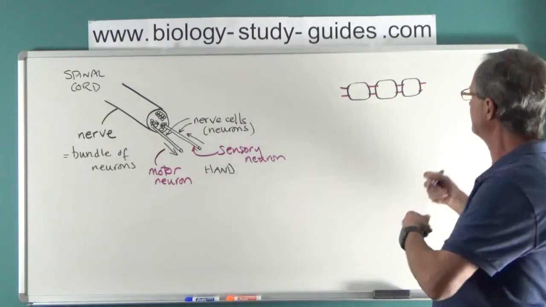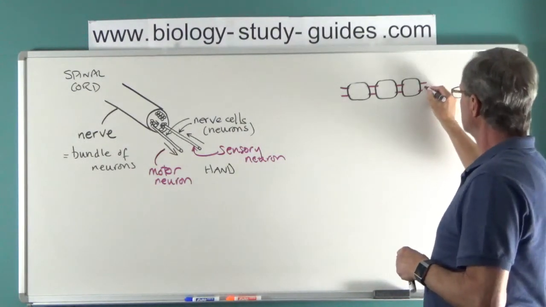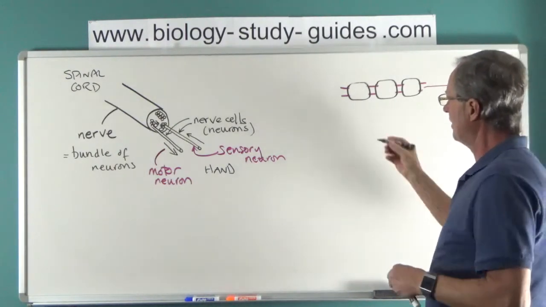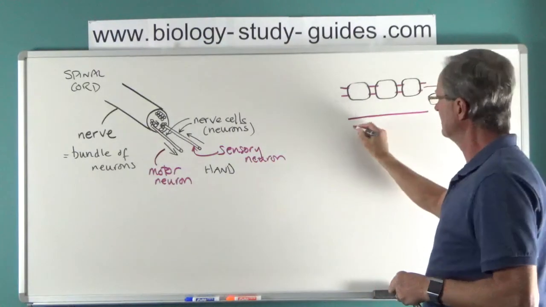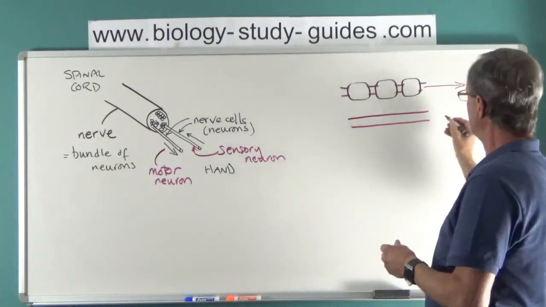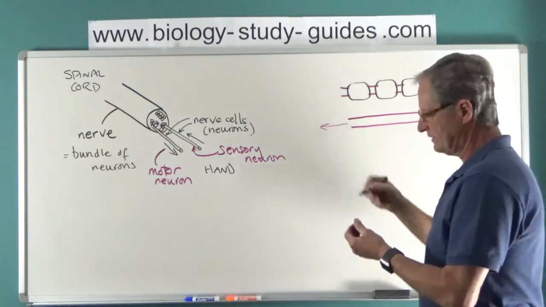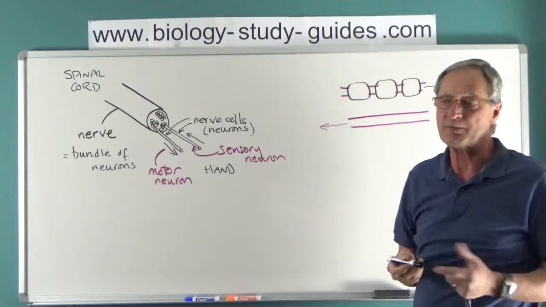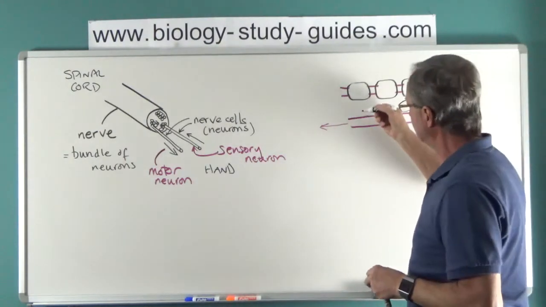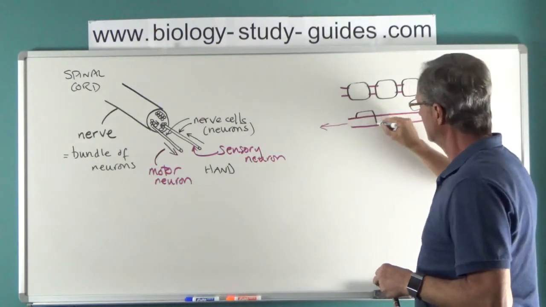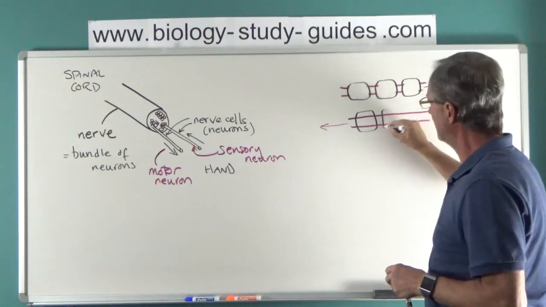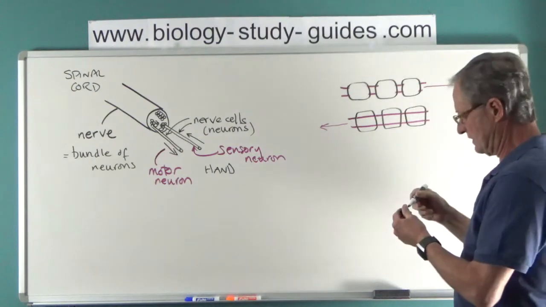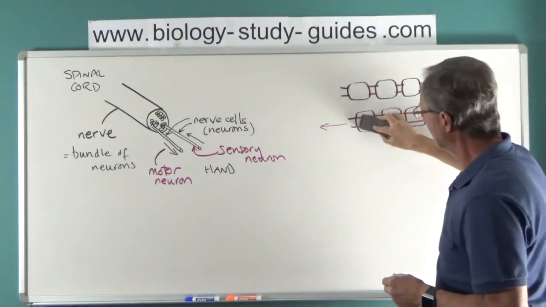So quite simply, if this is a nerve cell that's conducting an impulse in that direction, it's held apart from another nerve cell that could be conducting an impulse in that direction. They don't come in contact with each other. And we know that nerve impulses are electrical stimuli, so there is no way that these two can affect each other. I'll draw this cellular layer on this cell as well. And I'll erase the bits that aren't visible.